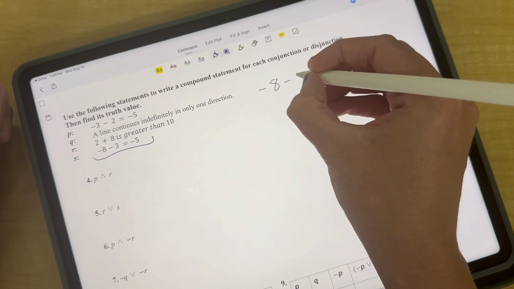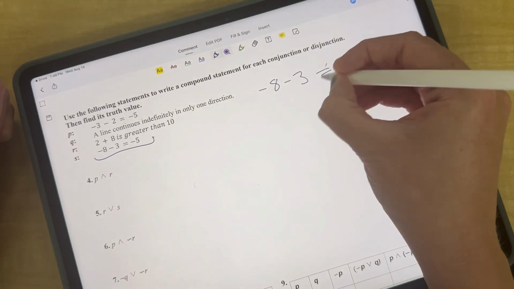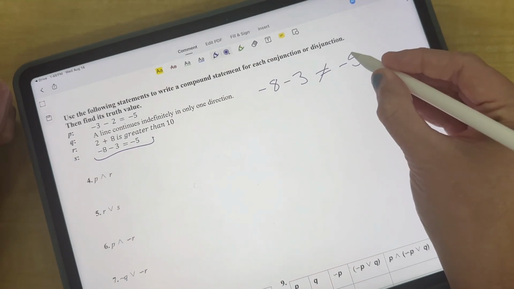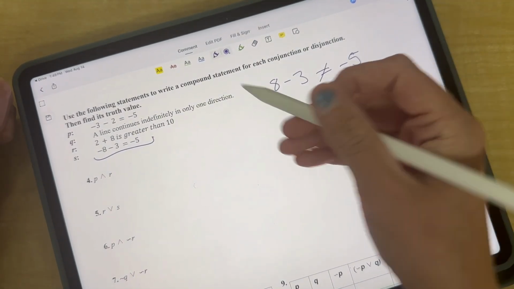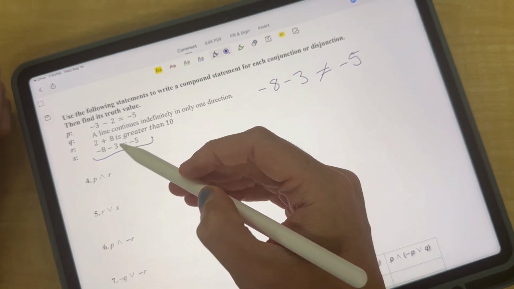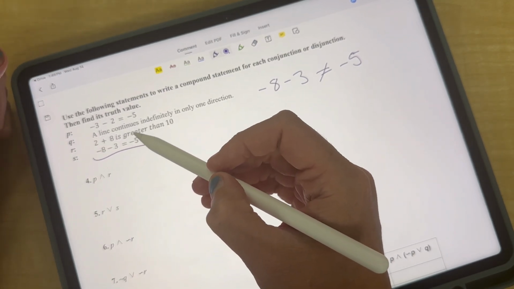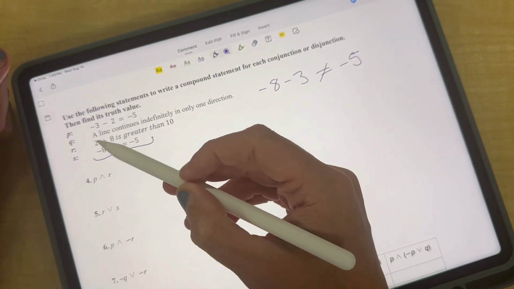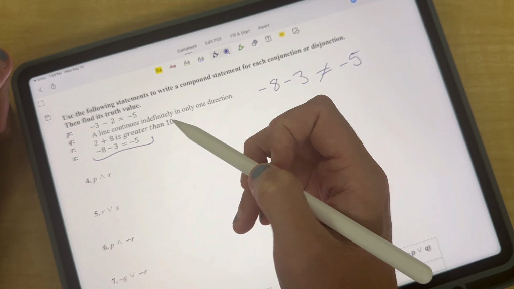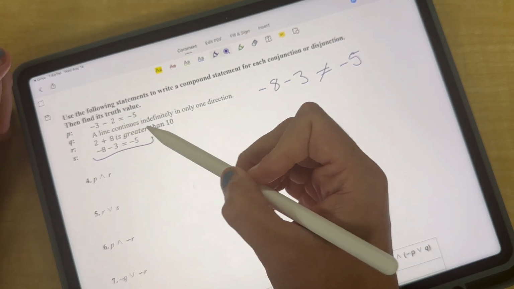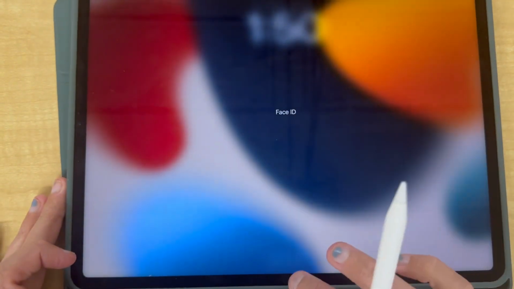You would say -8 minus 3 is not equal to -5. Every year people are like, I don't know how to write that. What about this one? 2 plus 8 is not greater, if it's a negation. A line continues indefinitely in only one direction. A line does not continue indefinitely in one direction. -3 minus 2 is not equal to -5. Those are the negations. Every year people struggle with those. It's kind of just funky.